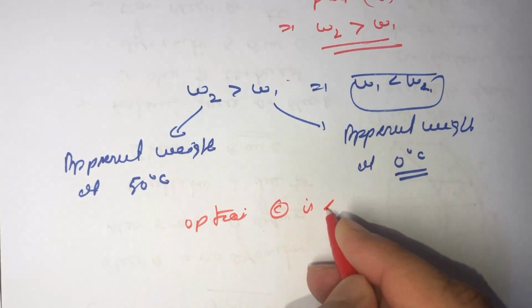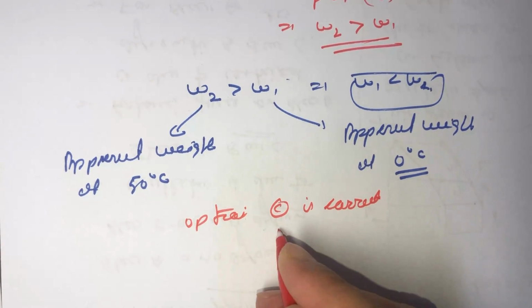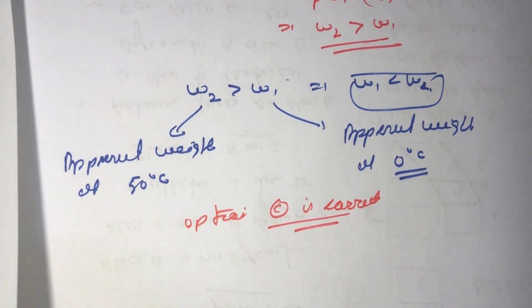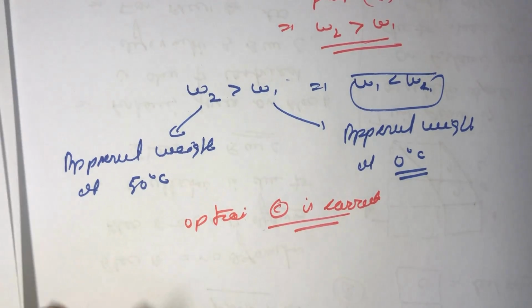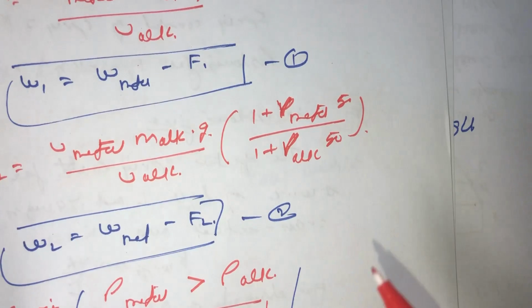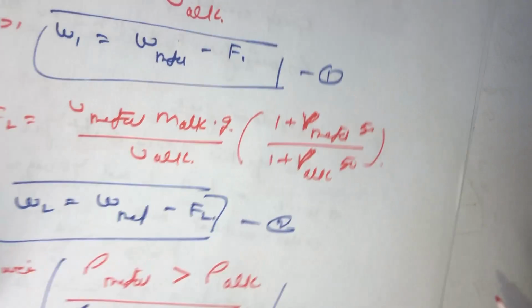C is correct. So I am sorry for the oversight regarding the formula. It should be the cubical expansion, so everywhere it should be gamma, not rho. That's my mistake. I'm sorry for that. Thank you.